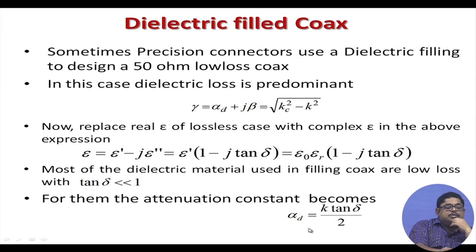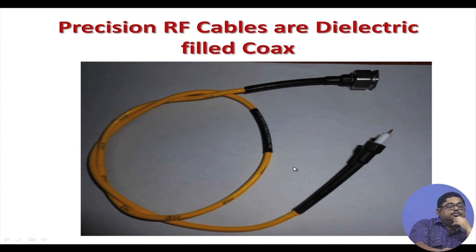So alpha d, the attenuation constant due to dielectric loss, is something like this. Now people have more flexibility to choose the a by b ratios much smaller or larger according to the need.